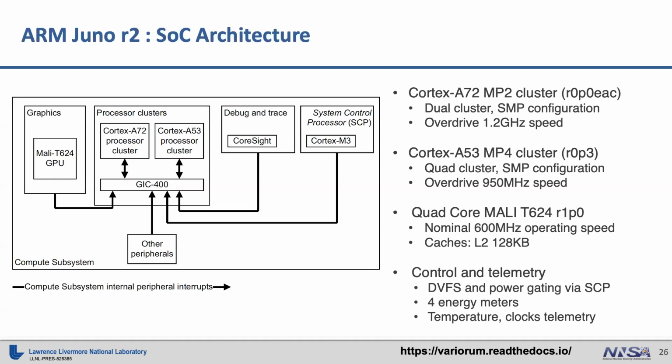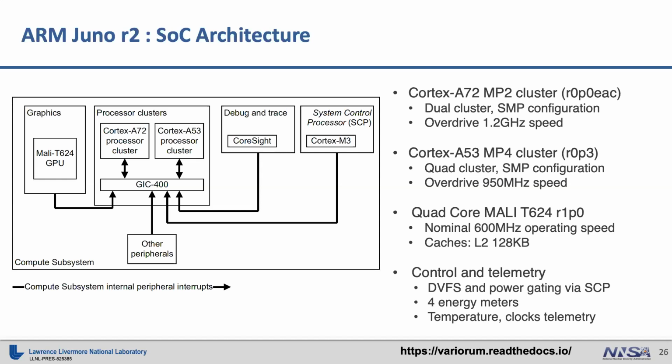It has 2 types of clusters or processors: the dual core Cortex A72 MP core, or the big cluster, that supports higher frequency steps, and the quad core Cortex A53, or the little cluster, that supports lower frequency steps and also has a GPU. It supports different kinds of measurements and control of the 3 processing units and the entire SoC as well. And that's provided through the system control processor or SCP subsystem.